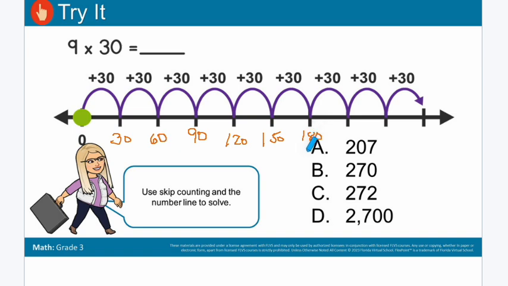I know 180 plus 30 is going to give me 210. Plus 30 more is 240. Plus 30 more is 270. So I know 9 groups, so 1, 2, 3, 4, 5, 6, 7, 8, 9, gives me 270. All right, nice work, gang.